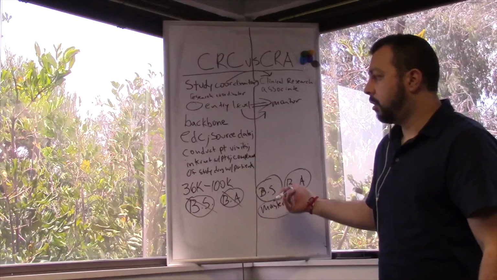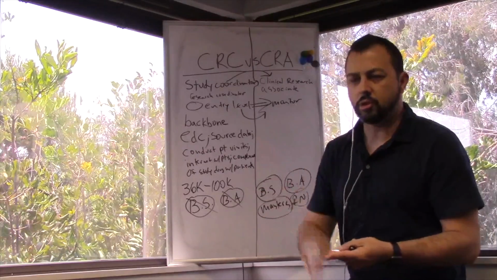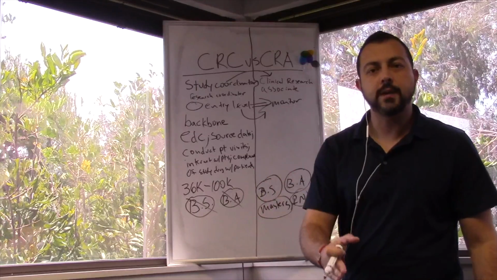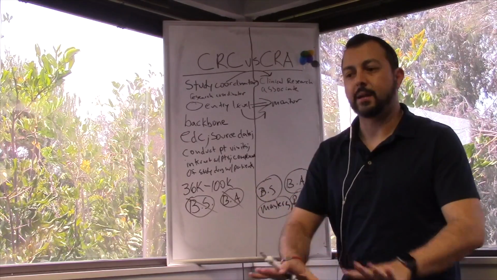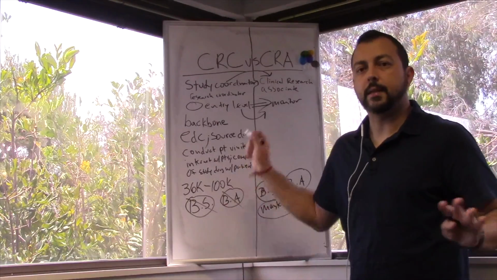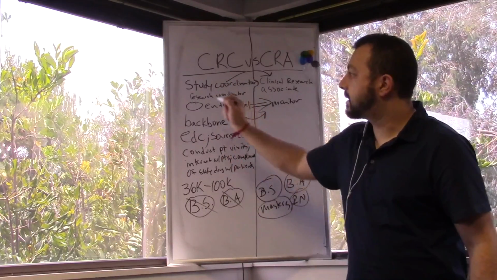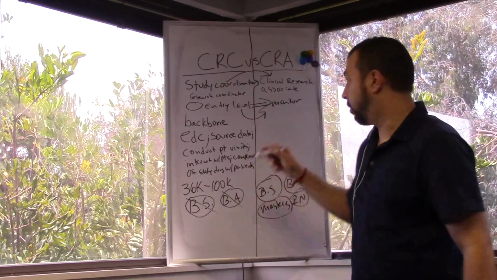I've known many CRAs who have philosophy degrees, journalism degrees, education, all kinds of stuff not even related to science. Now the CRAs, unlike the study coordinators, are not allowed to collect any data themselves. All they are doing, like the name suggests, is monitoring that the site is following good clinical practice and following the protocol.